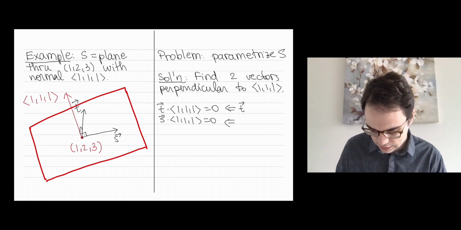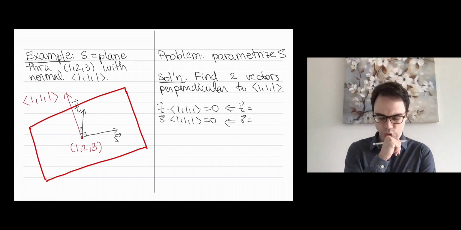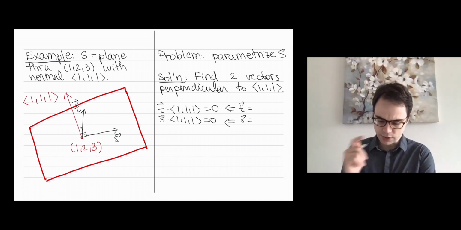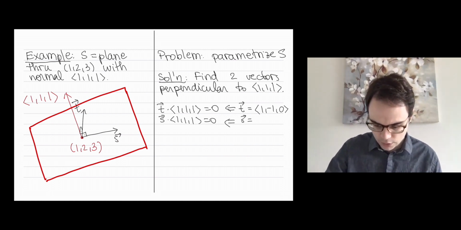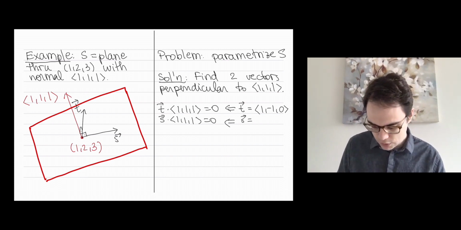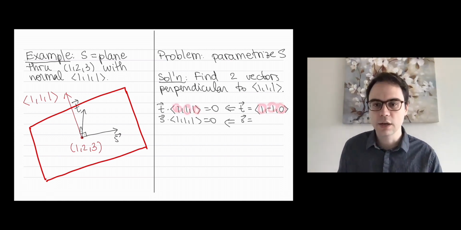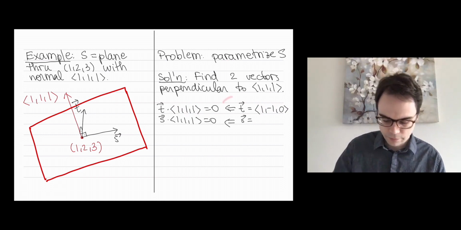So let's try to find a T. Maybe I could take T to be 1, -1, 0. Do you see why? If I do this dot product, I'm going to get 1 plus -1 plus 0. That gives me 0 as I want.